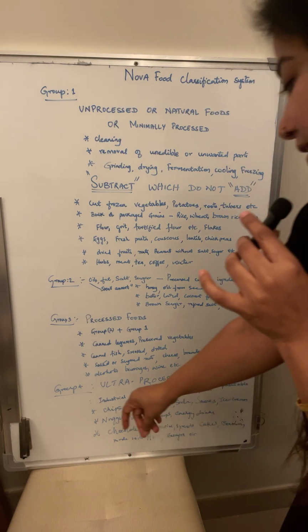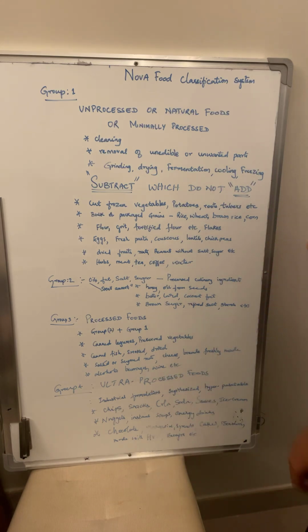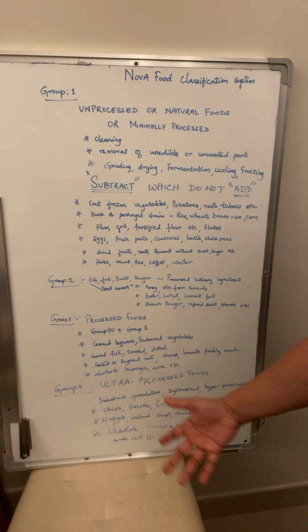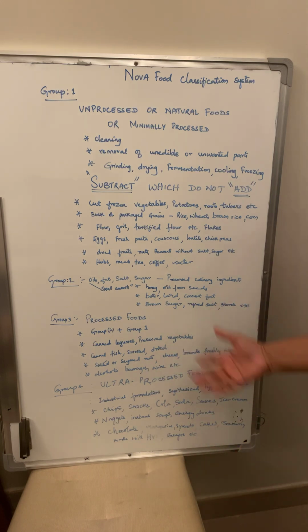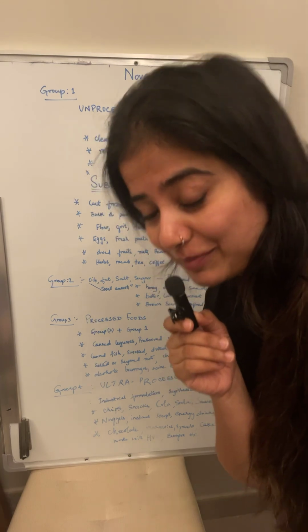For example, your chips, other snacks, cola, soda, sauce, ice cream, meat nuggets, instant soups, energy drinks, chocolate, burger, cakes, etc. So what exactly happens here is that the natural form of the food is lost.